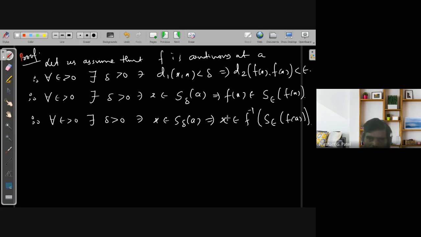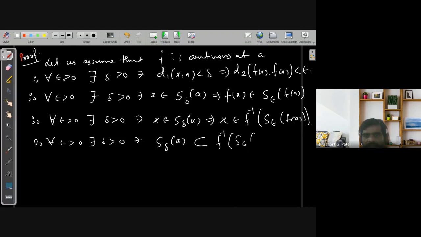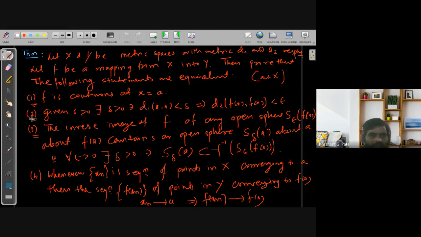I can say that for every epsilon greater than 0, there exists a delta greater than 0 such that S delta of A is a subset of f inverse of S epsilon of f of A.